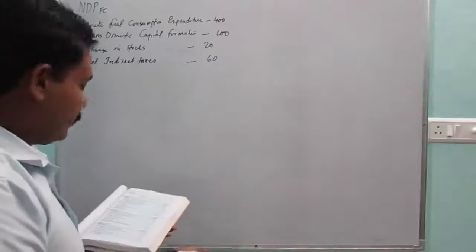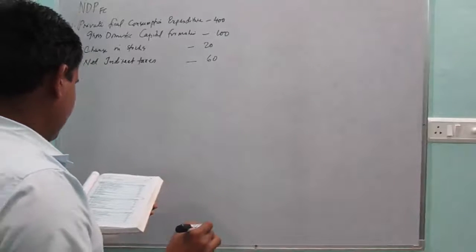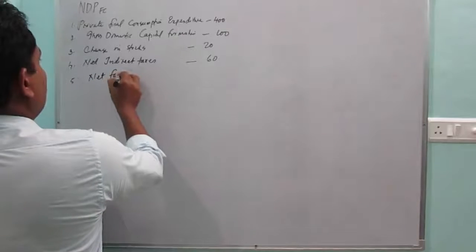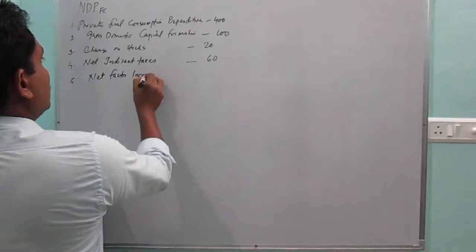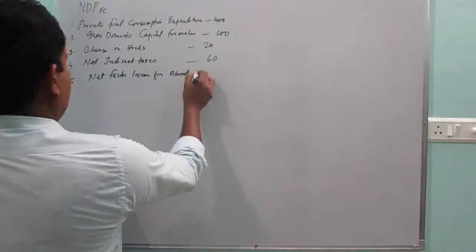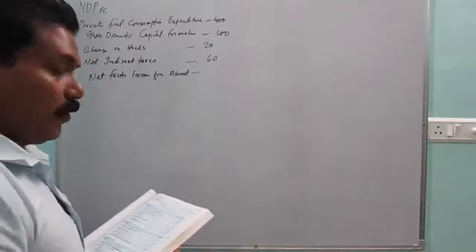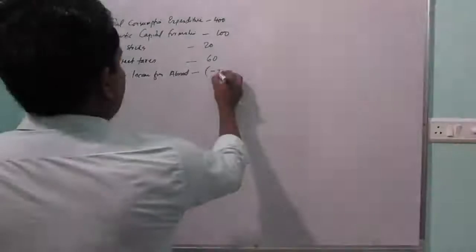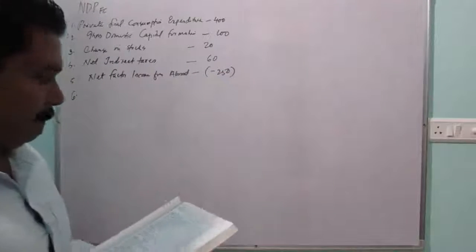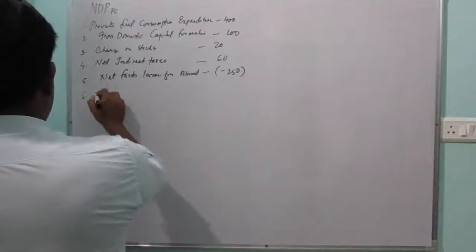Next one, net factor income from abroad is minus 250. Next one, net exports.